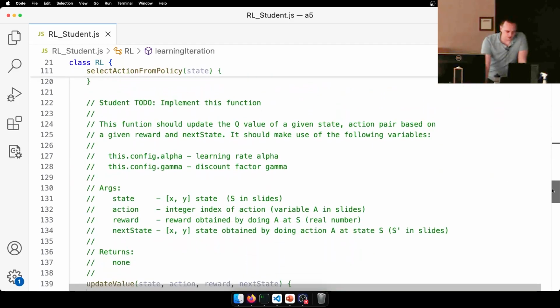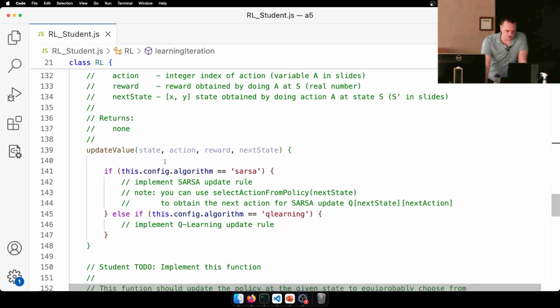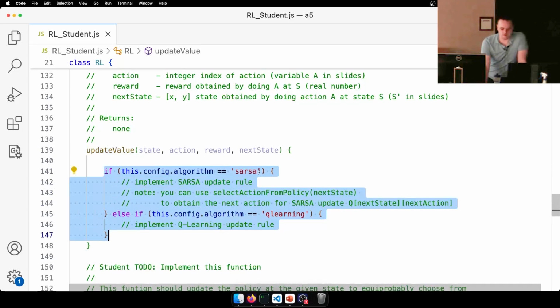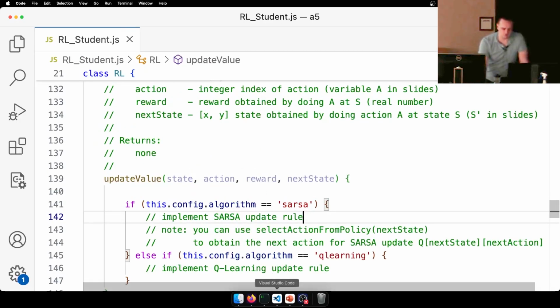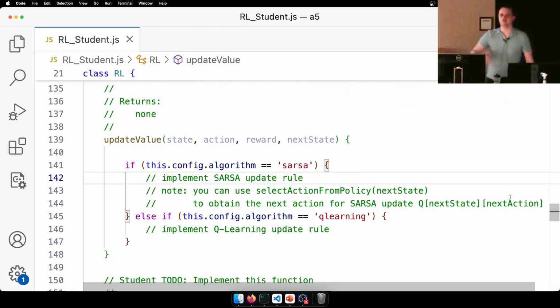The other place that has changed is down here, where when you go to update the value, you're now just checking: if it's sarsa, do the sarsa update rule. If it's Q-learning, do the Q-learning update rule. Whereas before, it was just Q-learning, okay? And remember that with sarsa, you have to get the value of the actual action you would do at the next state.